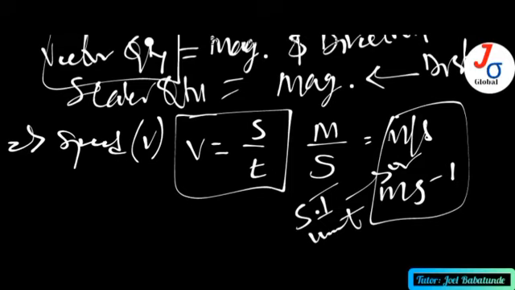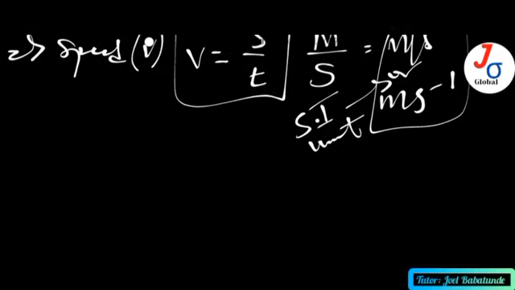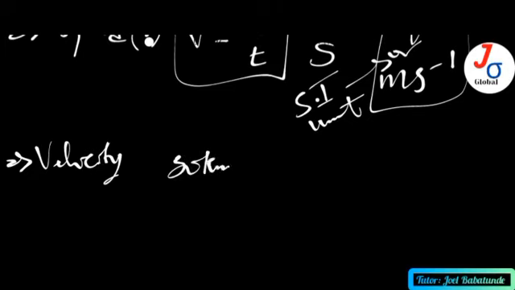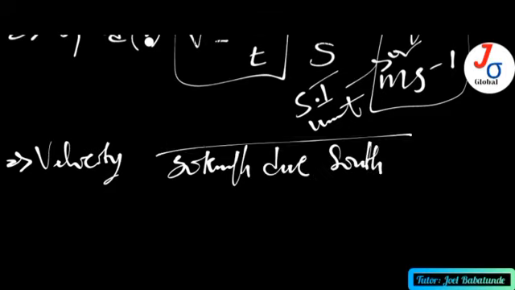Then you have another parameter, we call that velocity. And velocity is speed that is measured in a specific direction. So if I say a car moves with a velocity of, let's say, 30 kilometers per hour due south, this is a velocity.